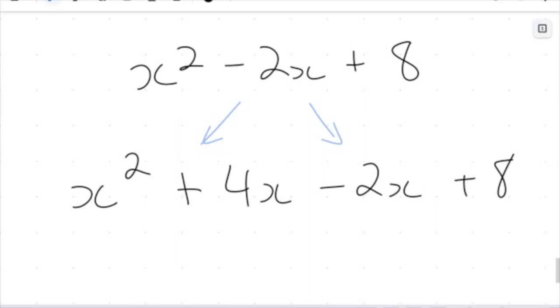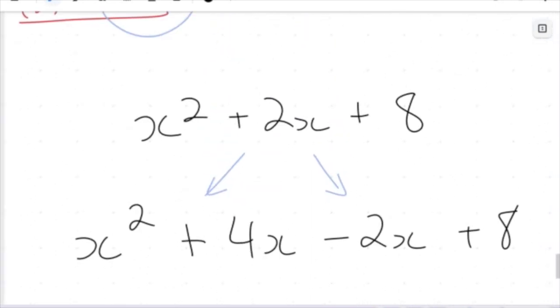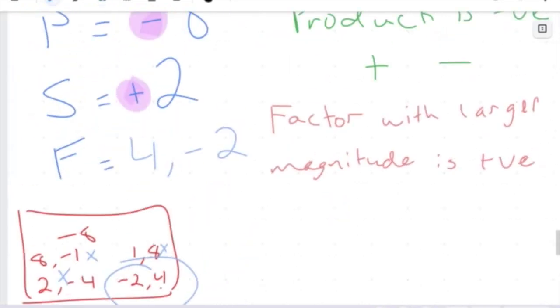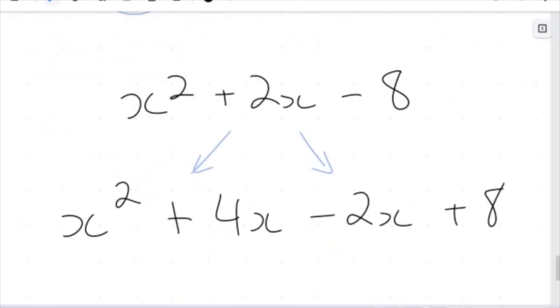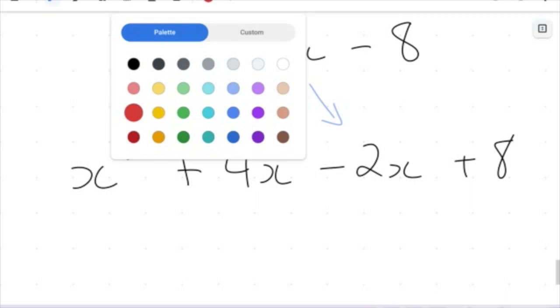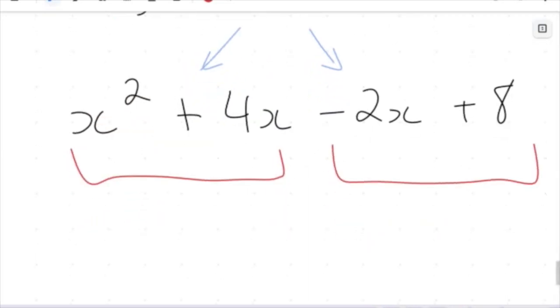Remember, I haven't violated anything mathematically, it's x squared plus 2x minus 8. I've got my signs the other way around. Let's double check that. I haven't violated anything here because I can make positive 2x out of 4x minus 2x. What this allows me to do now is to simply group my two pairs.